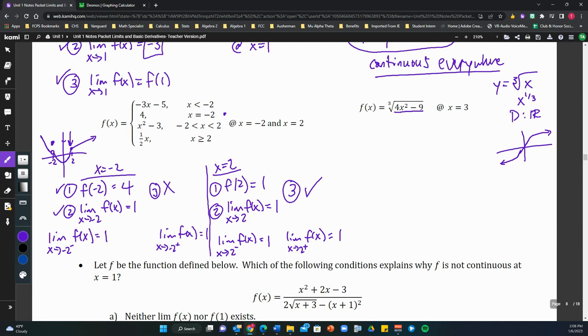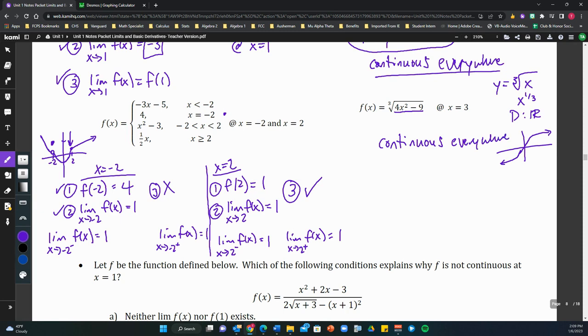When both of those domains are all reals, we don't have to worry about what 4x squared minus 9 is going to produce, because we can take the cube root of anything. So this is another one of those well-behaved functions, just like the polynomial above, where we know that this function is going to be continuous everywhere, including that value of x that we want to check.